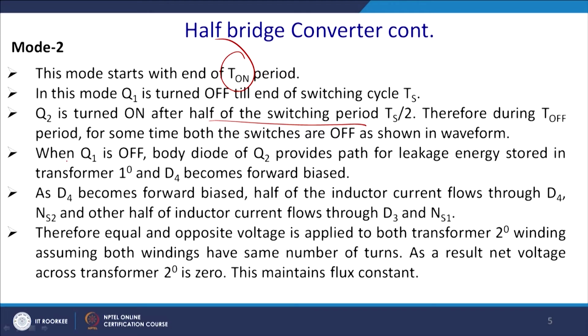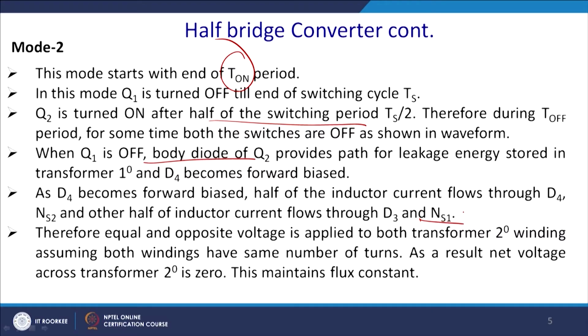When Q1 is off, the body diode of Q2 provides a path for the leakage energy stored in the transformer primary, and D4 becomes forward biased. As D4 becomes forward biased, half of the inductor current flows through D4 and NS2, and the other half flows through D3 and NS1.